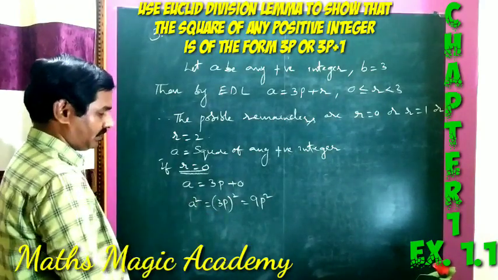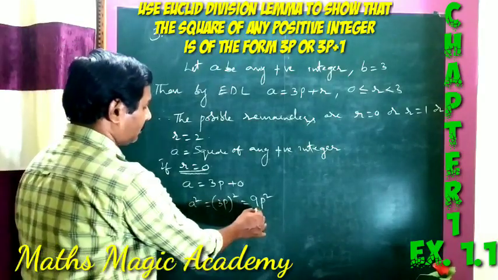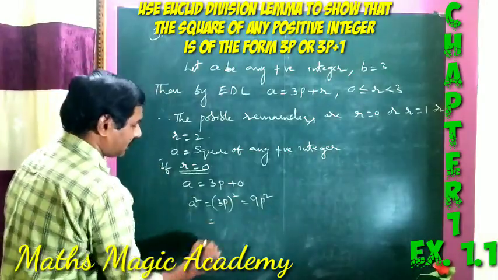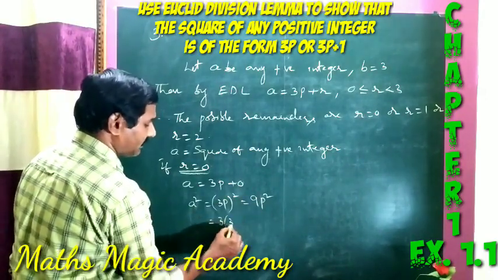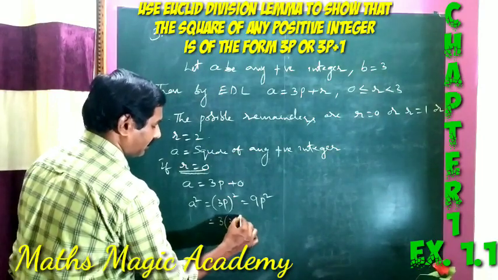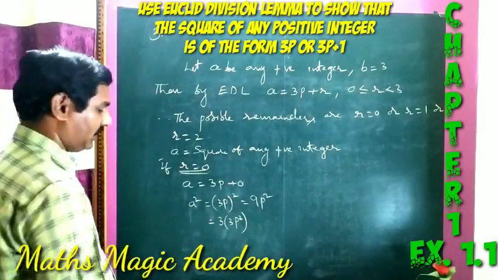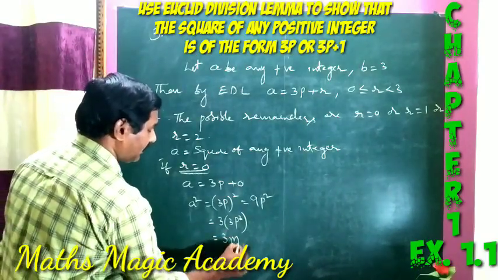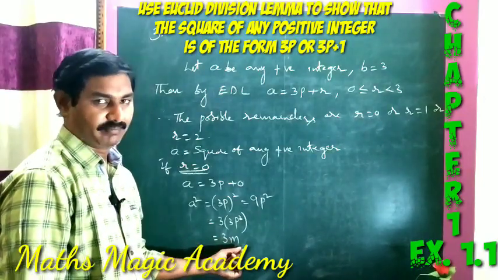So a square equals 3p whole square, that is 9p square. This can be written as 3 into 3p square, which can be written as 3m. That means it is in the form of 3m.